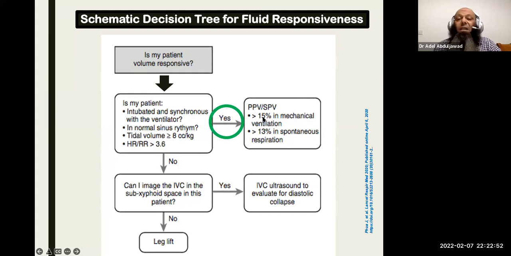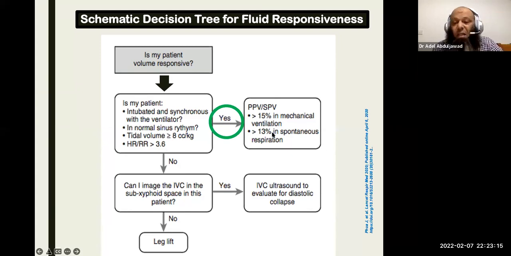The cutoff is more than 15% in a mechanically ventilated patient. If the pulse pressure variation is more than 15% in a mechanically ventilated patient, it means the patient is a fluid responder, so give fluids. If less than this, the patient is a non-fluid responder, do not give fluid.